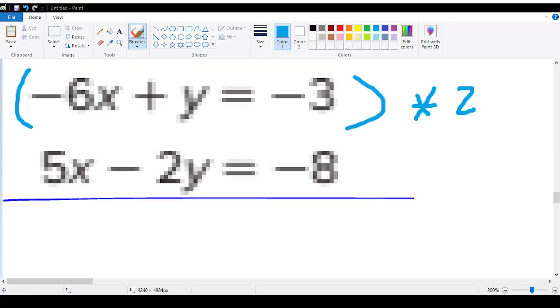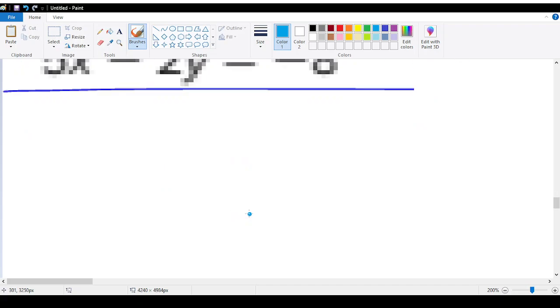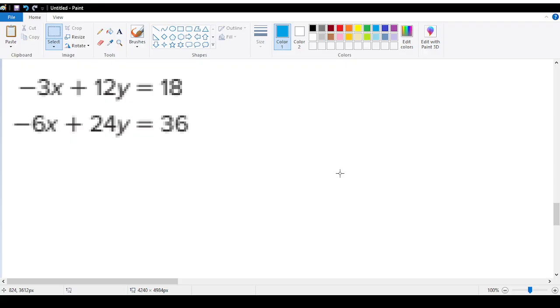Second equation, it's the same story. We need to multiply. What do we multiply with? Focus.